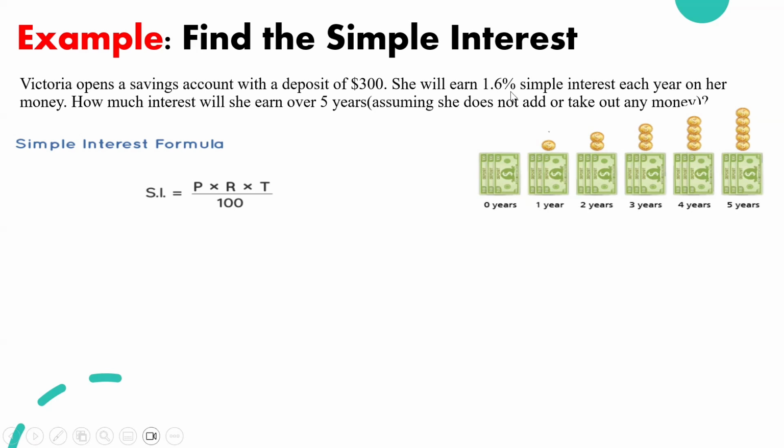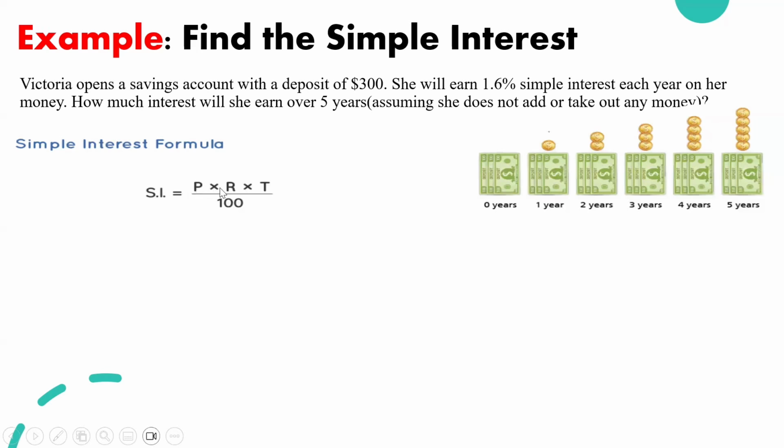That means every year, Victoria gets 1.6% interest on the balance that she has in the account. After 5 years, how much interest will she earn? So this question is asking how much interest she earned after a period of 5 years. So we are going to use this formula here.